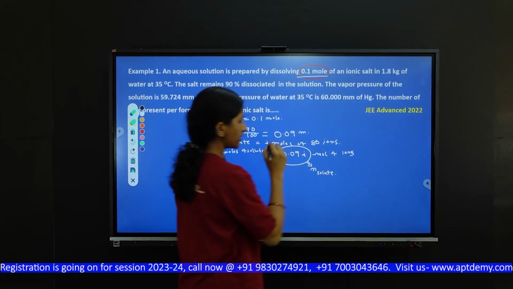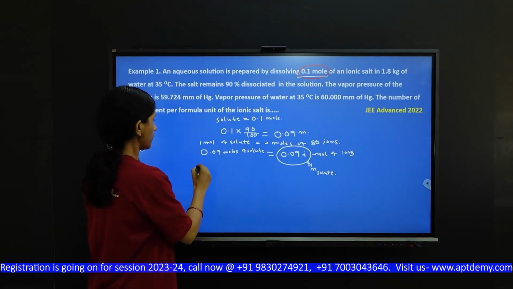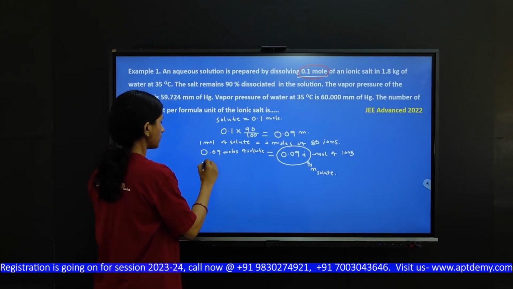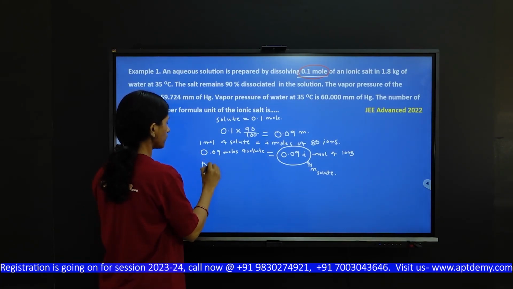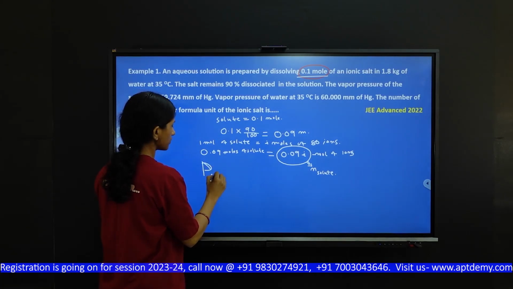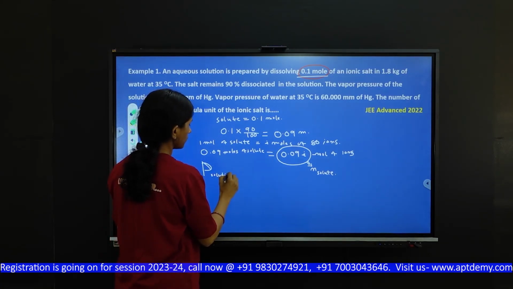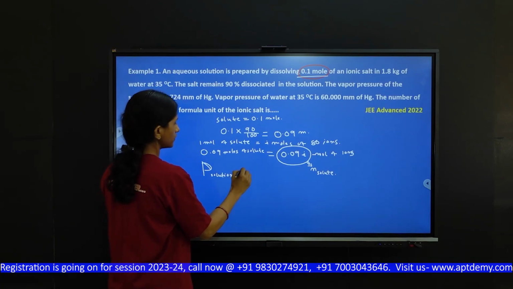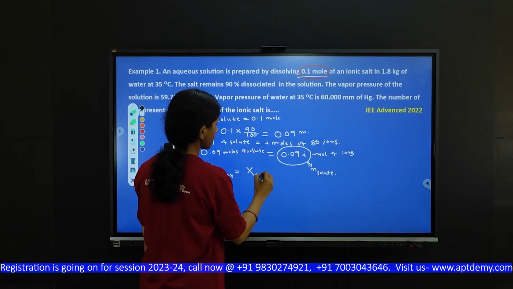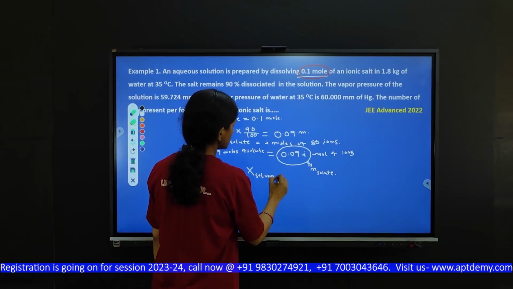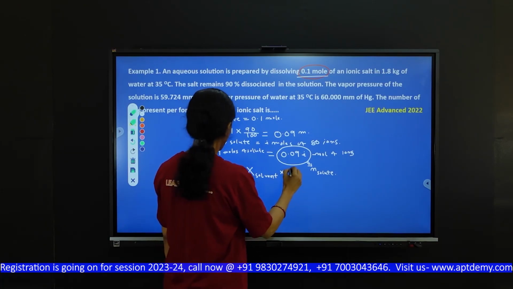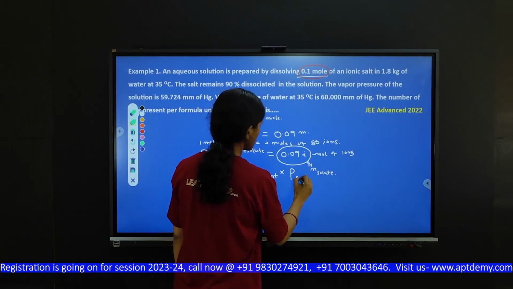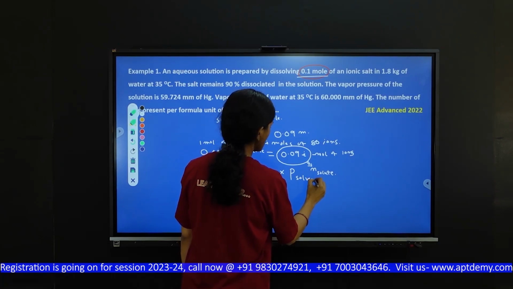Now let's write down the expression for the vapor pressure of solution. This is the mole fraction of solvent times the vapor pressure of solvent.